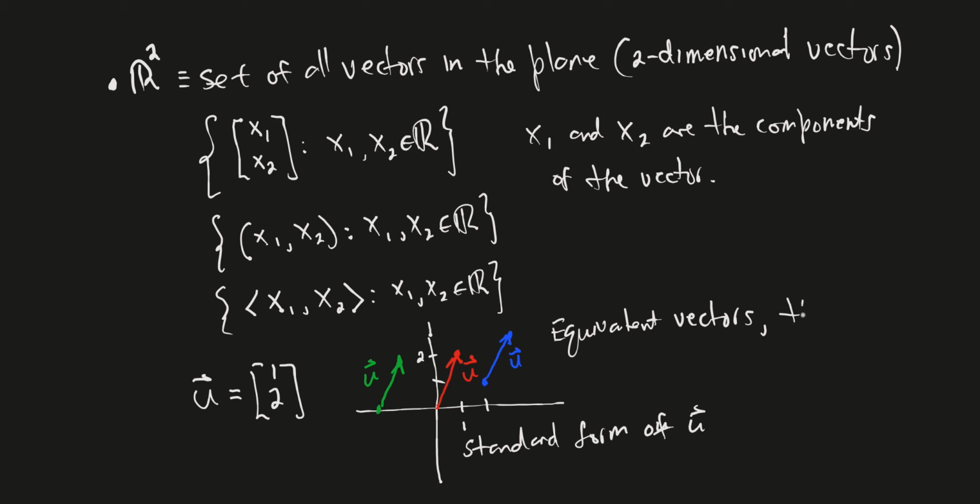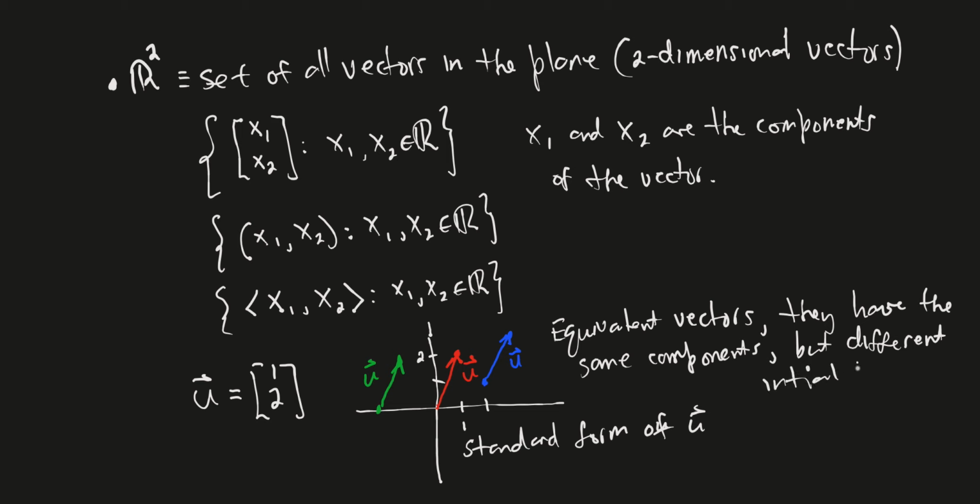And that means they have the same components, but different initial points. And geometrically, what it means is that they point in the same direction. So essentially, they're parallel, right?